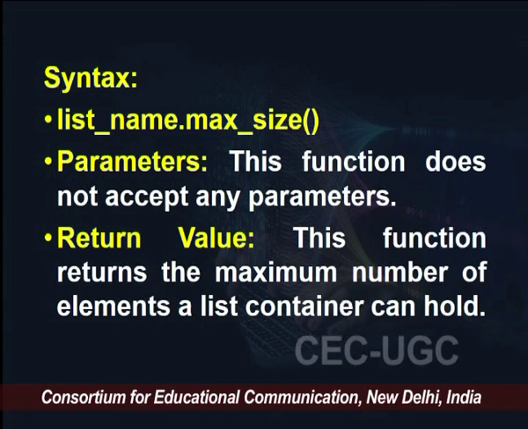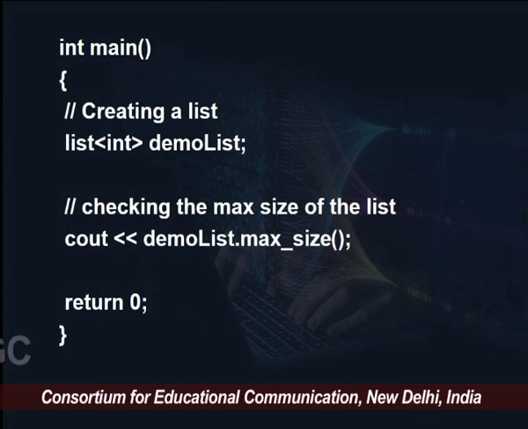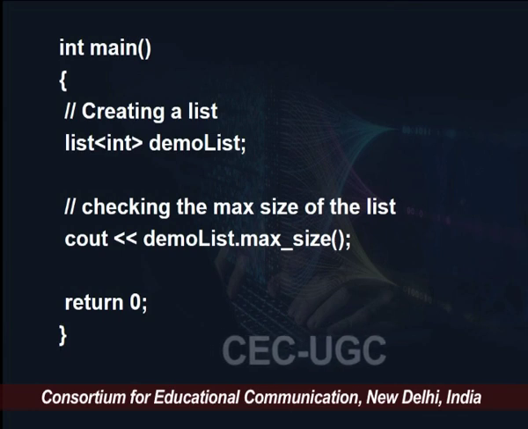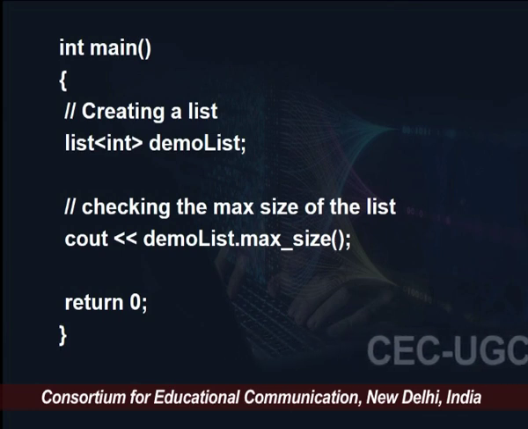In order to see this function, let us create a main method in which we have created a demo list, and without any initialization we just need to check the maximum size of the list. That can be done by printing demolist.max_size, and then there is a return 0.